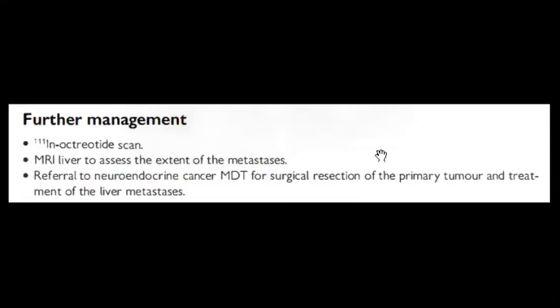And the question about this in the MCQ, they will ask you, if this patient comes to you, what do you expect in the PET gallium scan? Will it take up the carcinoid or not? So typically it will show high uptake in the PET.